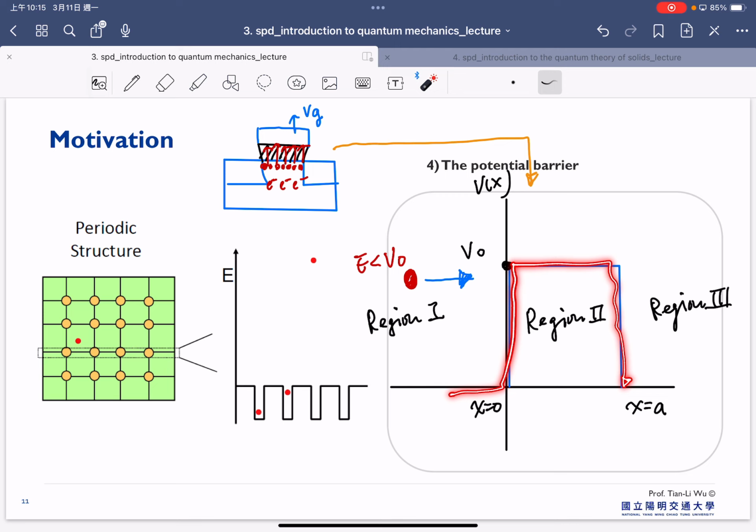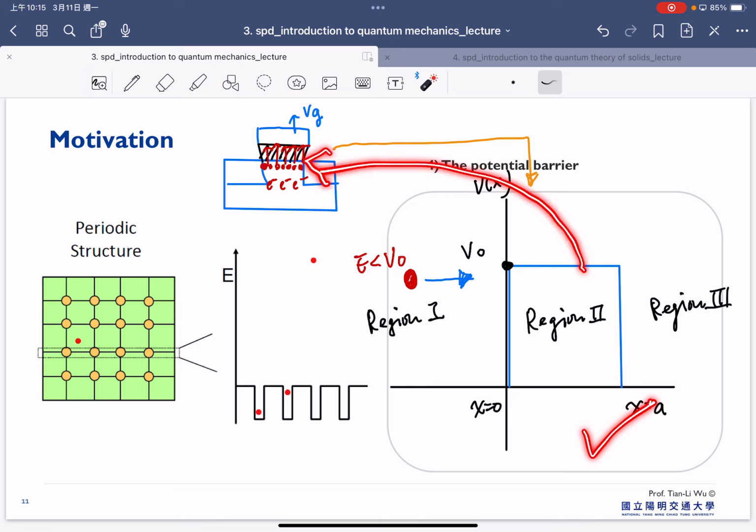This electron will face a potential barrier. It's not an infinite potential barrier, it's a potential barrier with a certain fixed height here. And afterwards, the region 3 is again another free space. So this case helps us understand what happened here.